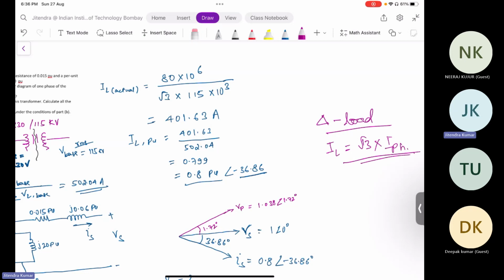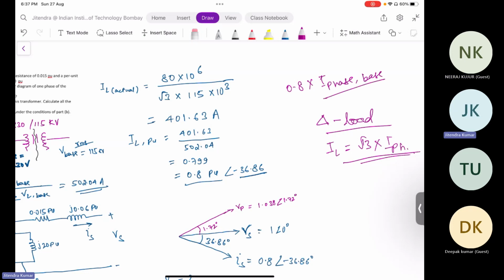Now I have concluded that the load current in this delta is 0.8 per unit. Now I want to know the phase value of the load current. So I will just multiply this 0.8 into I phase base.